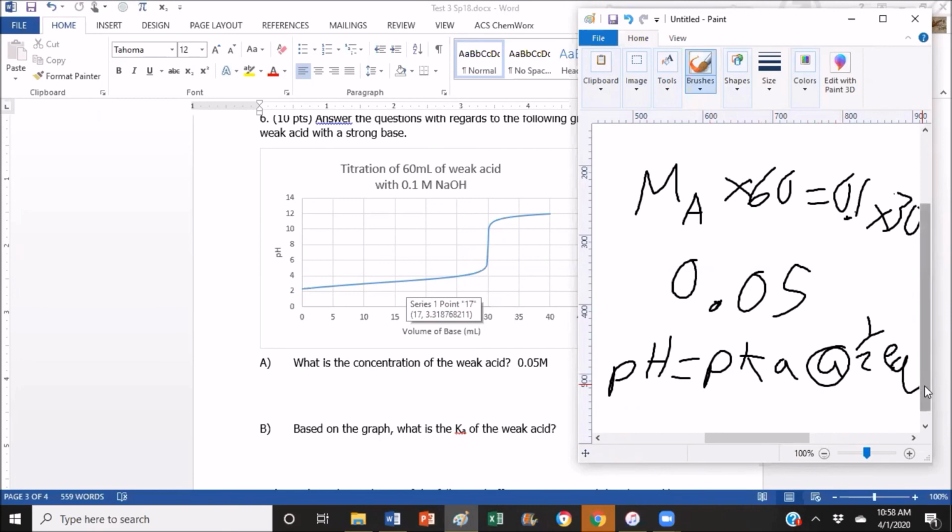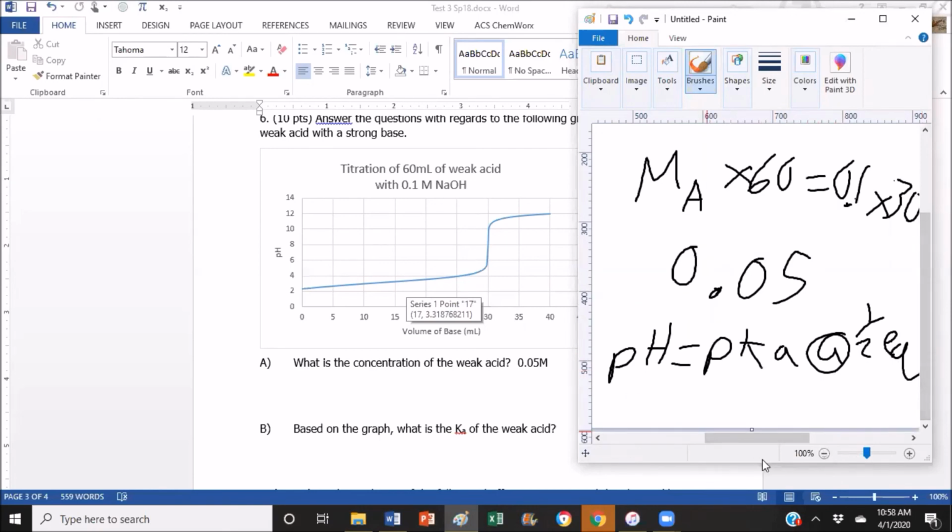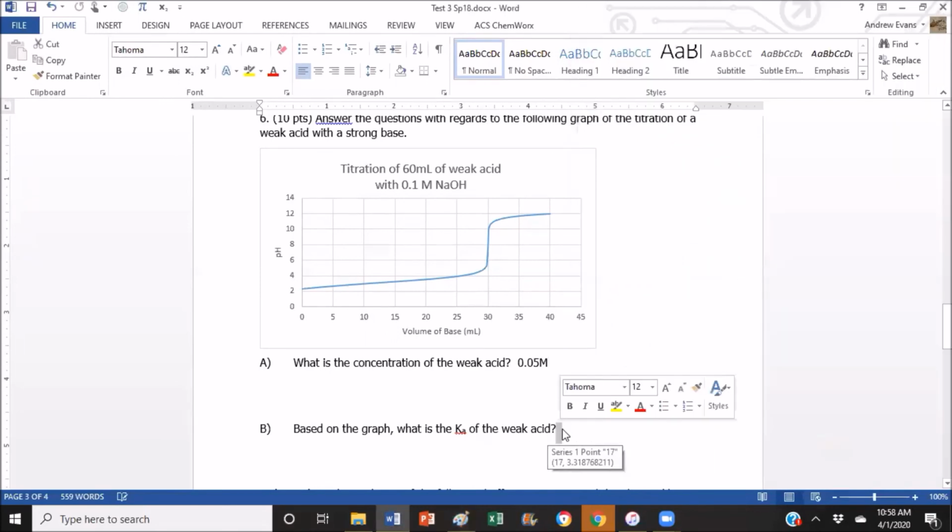So I ask you for what is the Ka. So 10 to the negative pKa is going to give you your Ka. So you would say 10 to the negative 3.2, or you get 6.3 times 10 to the negative fourth.